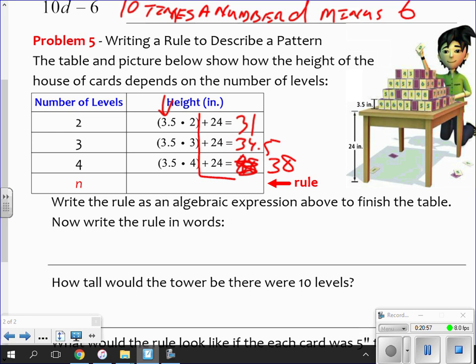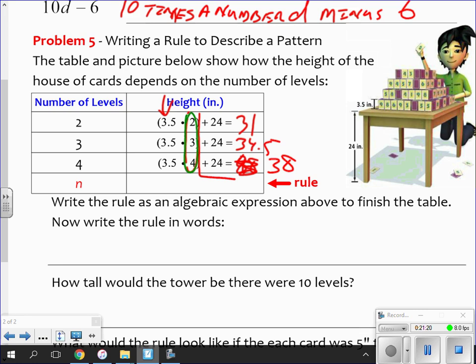Okay. Now the rule is, if it's n levels high, I don't know how many levels, but I want to come up with a formula, so I just count my levels, plug it into the formula, which is essentially what I did here. I took these numbers here and just plugged them in.